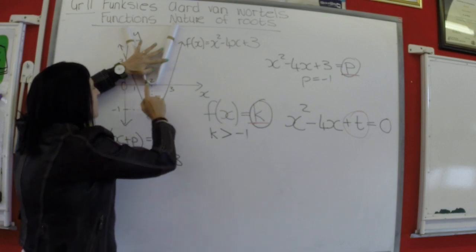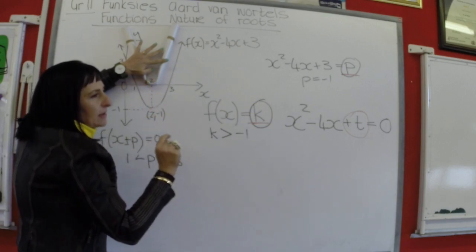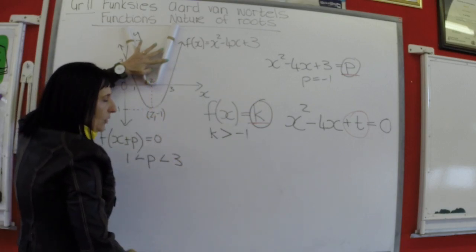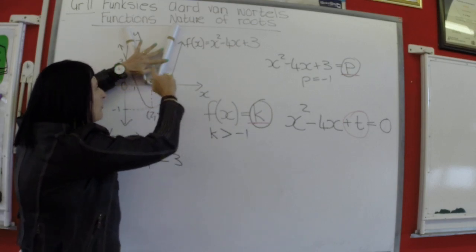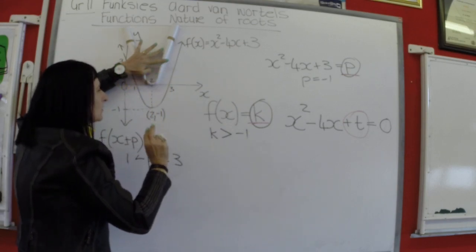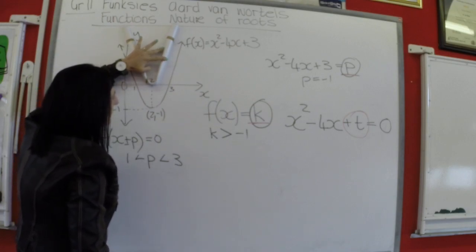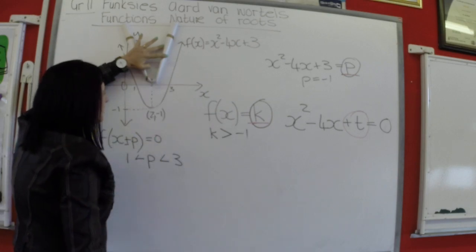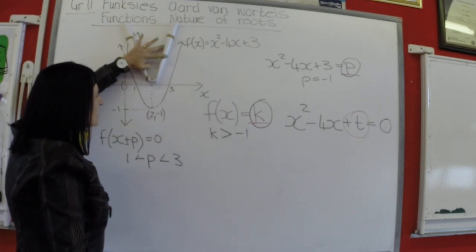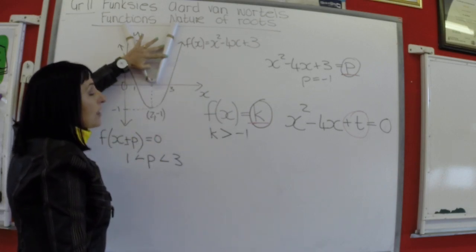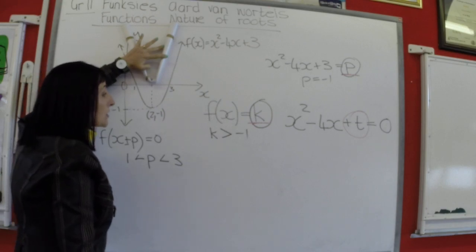Wanneer hy daar raak, het ek 2 identiese wortels. When the turning point is on the x-axis, there's 2 identical roots. En dan, wanneer ek hom net lig, laat hy nie die x-as raak nie. If I just move it upwards, if it doesn't touch the x-axis, then there's no roots at all.